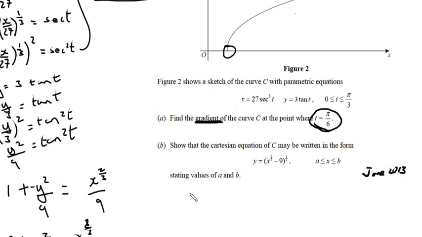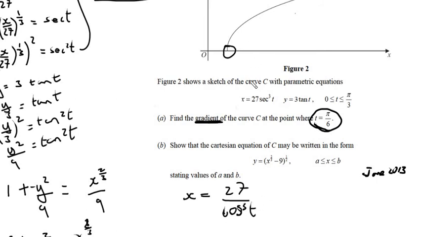We have the equation x equals 27 sec cubed t. Sec cubed is the same thing as 1 over cos cubed t.